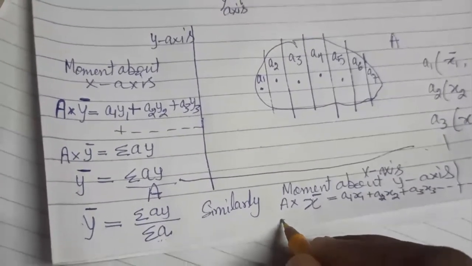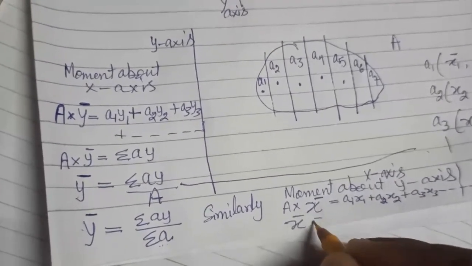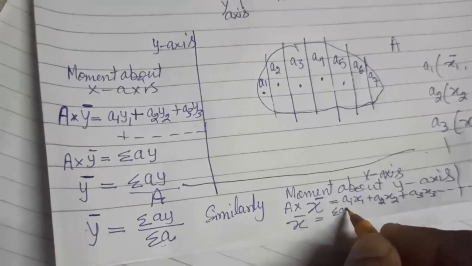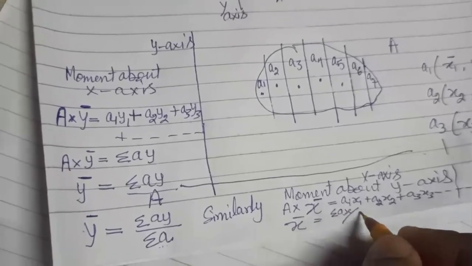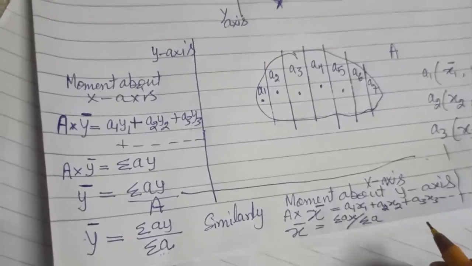So similarly, x bar is equal to summation ax upon summation a.